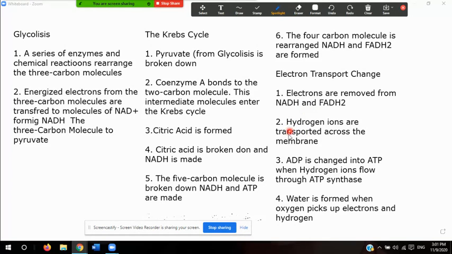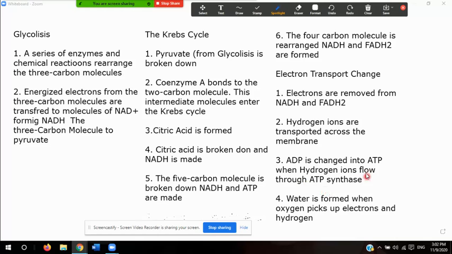Once the electrons are removed from these two molecules, hydrogen ions are transported across the membrane. Mind you, in this step they're transported across the membrane and energy is used. They create what is called a chemiosmotic gradient because of the transfer of hydrogen, and then ADP is changed into ATP, where hydrogen ions flow through ATP synthase.